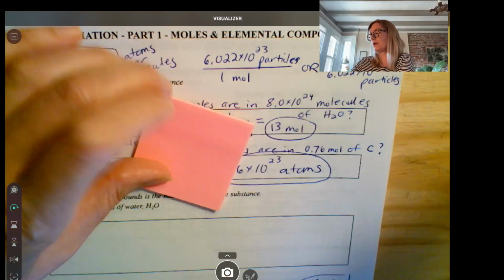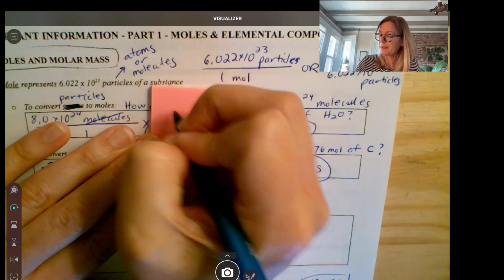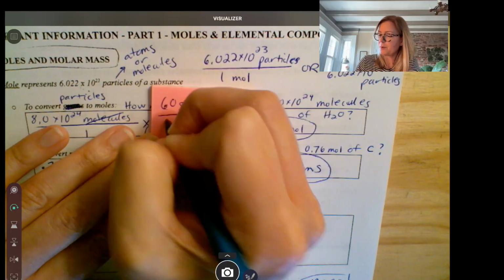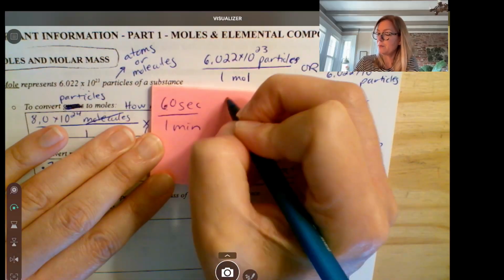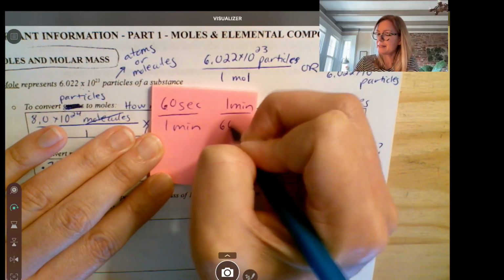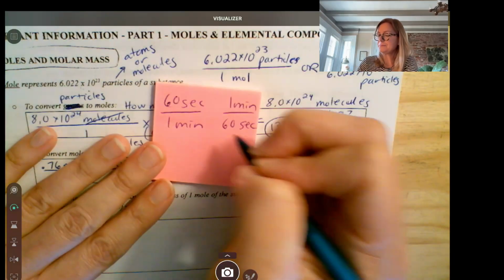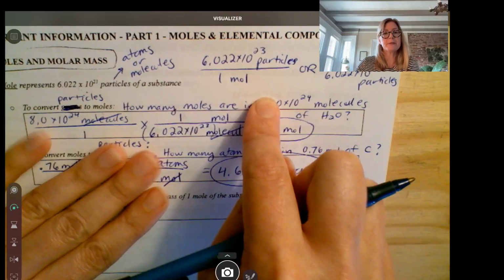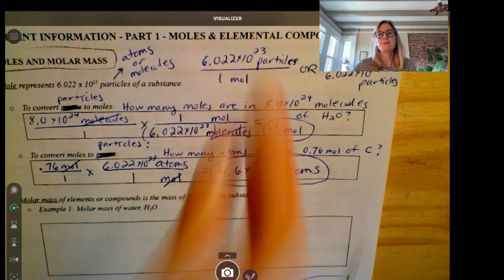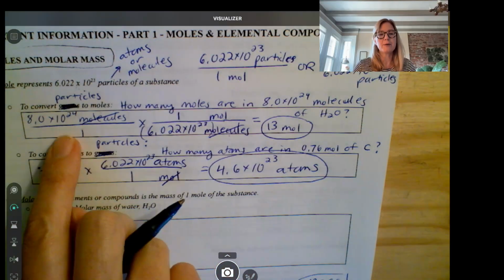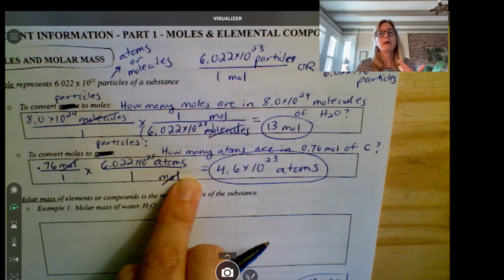Or a fraction like 60 seconds for every 1 minute, you can flip that, 1 minute for every 60 seconds. Either way you flip it, it's equal to 1. So conversion factors, because they're equal to 1, are flippable. So you can flip this relationship depending on what unit you need to cancel out and what unit you need to keep.